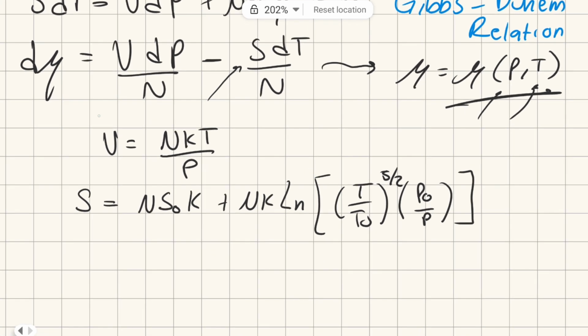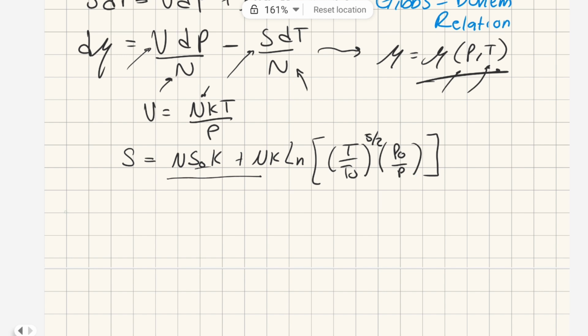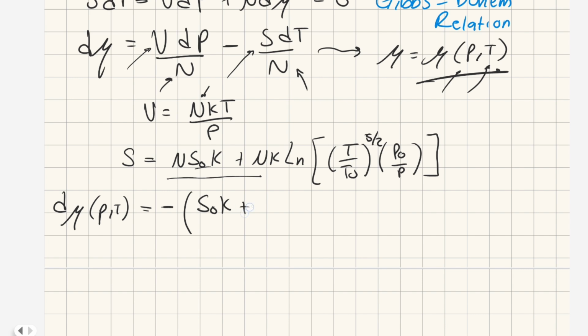Notice that when we plug the volume here, this N is going to be cancelled with this N, and then that will also happen here, because we have an N as a common factor. So we are going to get that d mu as a function of P and T is equal to minus S0 k plus k, the natural log of T over T0 to the 5/2 times P0 divided by P.